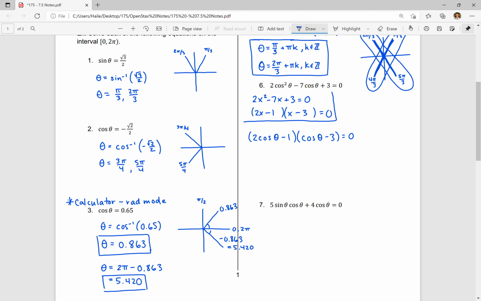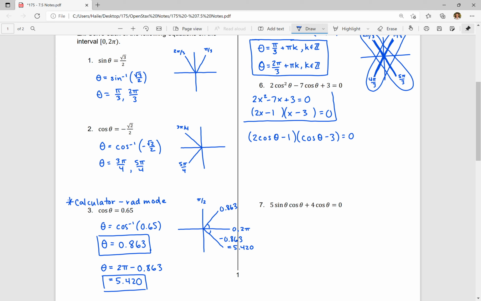If it helps you to factor equations like this, maybe rewrite it with x's and factor it that way, and then go back and put the cosines in if that's confusing. If it's not confusing, you're welcome to go ahead and factor it straight down into the two factors that I have here at the bottom.